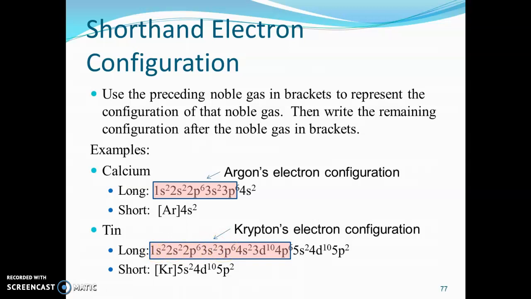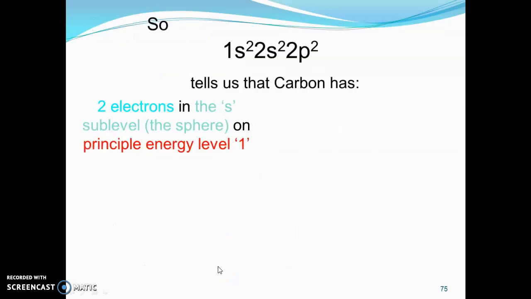And then if you look, krypton is a noble gas with 36. Xenon is a noble gas with 54. So you'd use krypton because 54 would be too many electrons for tin. By the way, tin's symbol is Sn if you're looking for it on the periodic table. All right, so once you do that, just write the remaining electrons in the electron configuration after that, and you're done.